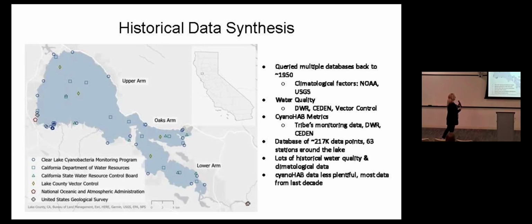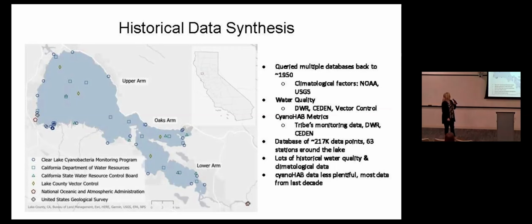So for the historical data synthesis, I think Michelle did a great job of teeing up the importance of this data. We looked at a number of historical databases, CDIN, NOAA, USGS, Vector Control, and Division of Water Quality, dating back to the 1950s, as well as some of the tribal government monitoring data from this system.